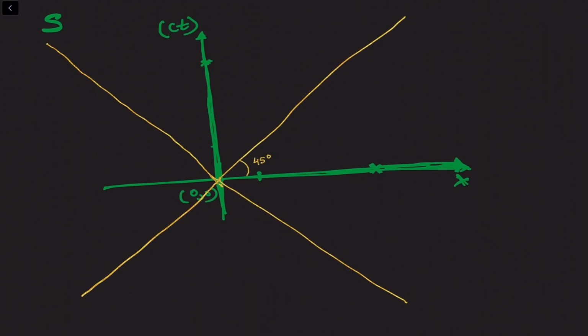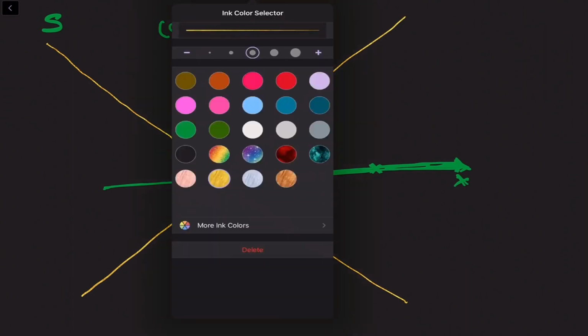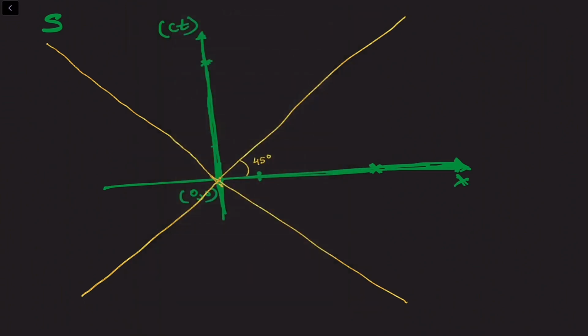And now the x prime axis of observer S prime would look something like this. It would be some line which has a slope less than 45 degrees. So this would define the x prime axis. And just to be clear, yellow is our light cone. This is the future light cone, and the one for t negative is the past light cone.